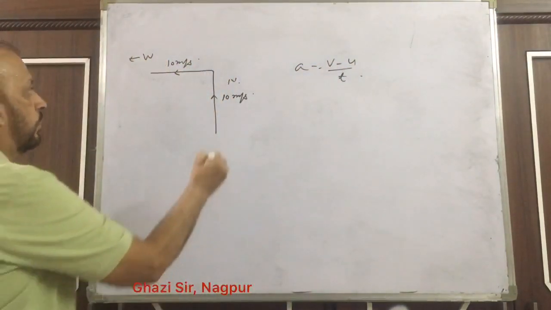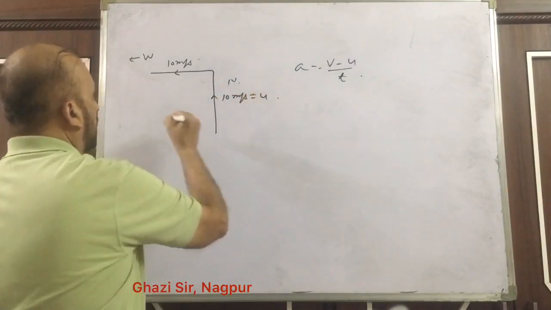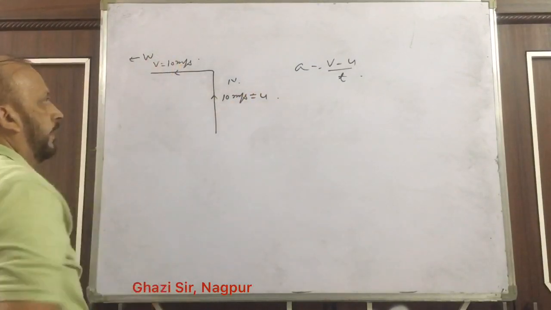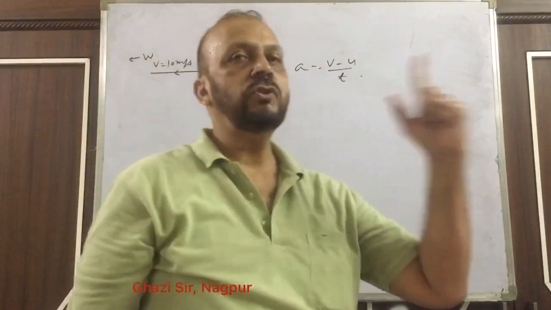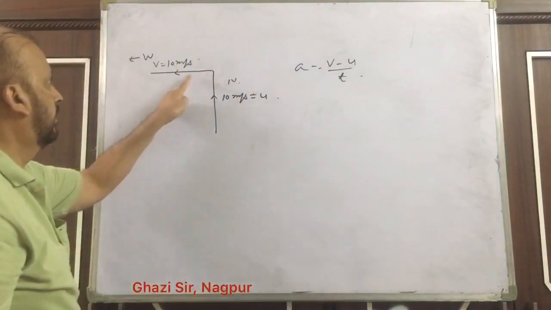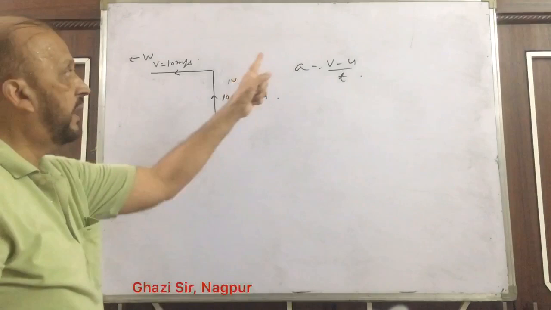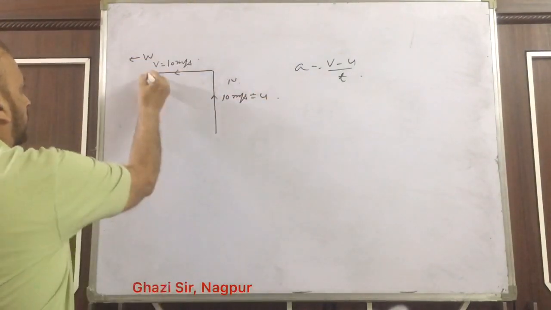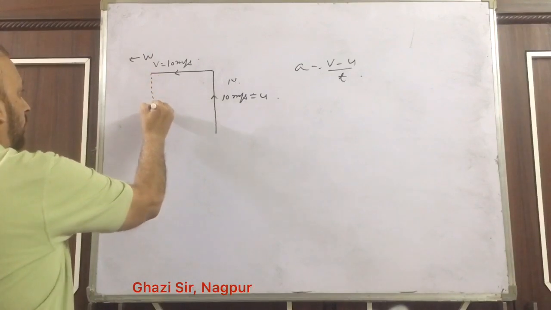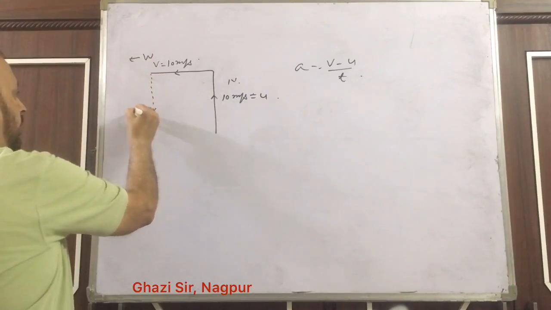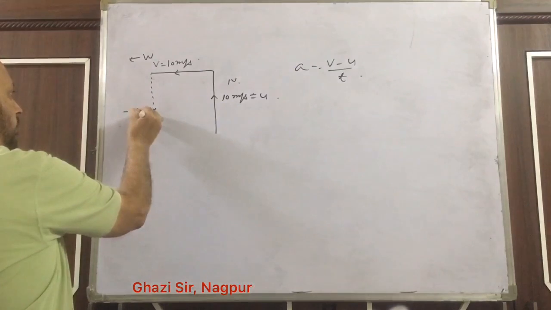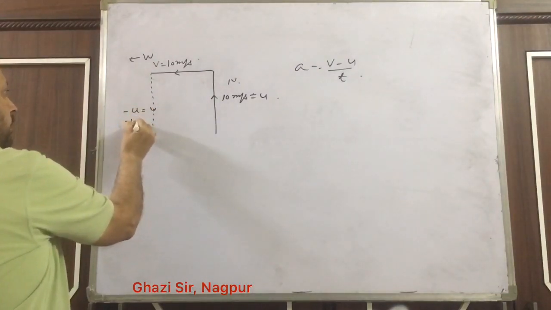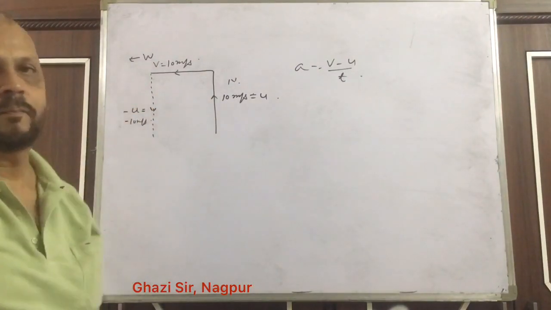So this is u, this is v. Now v minus u. This is v, 10. Minus u. This was u, so minus u will be just opposite. This is minus u, that is equal to minus 10 meter per second.